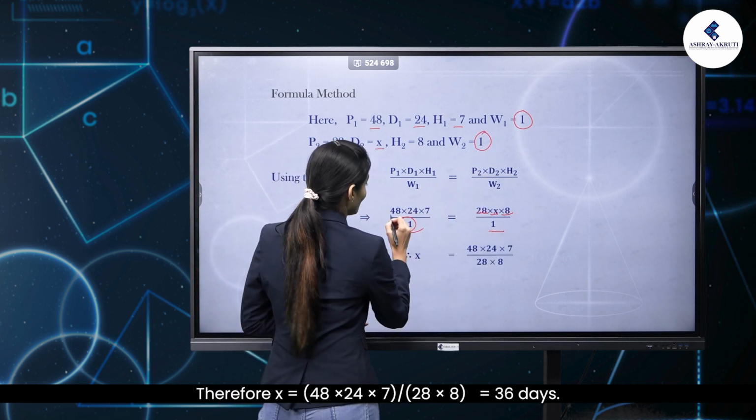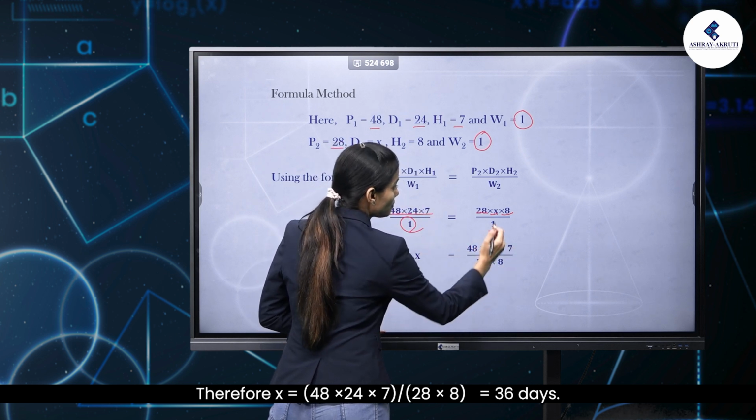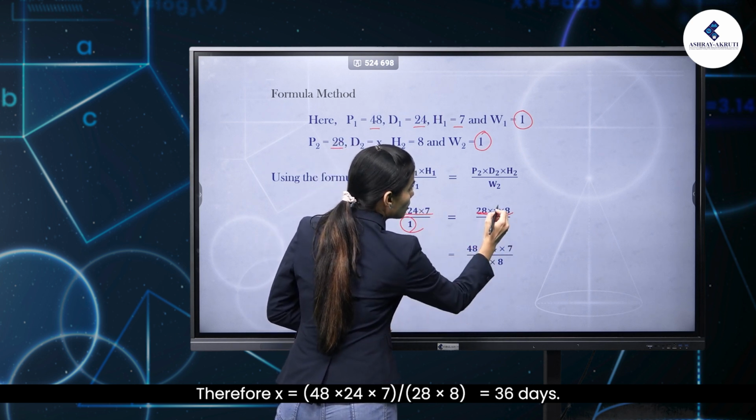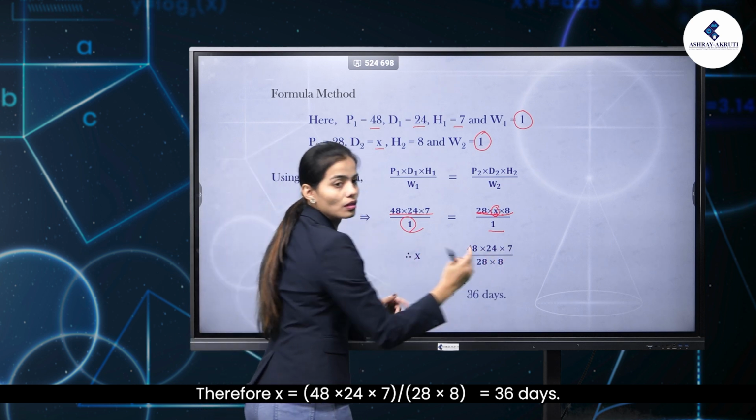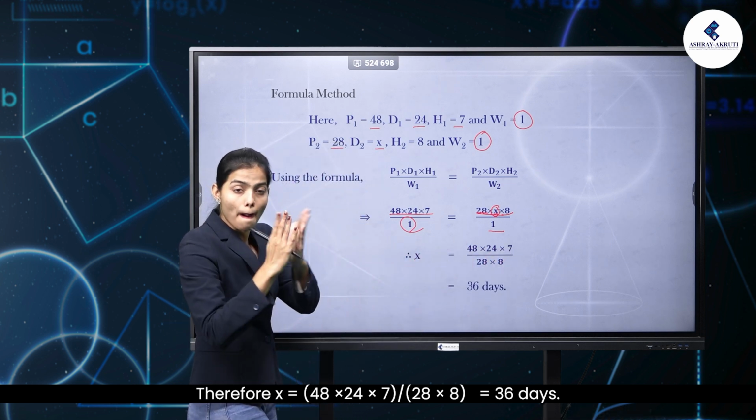Therefore, x is equal to 48 into 24 into 7 by 28 into 8 is equal to 36 days.